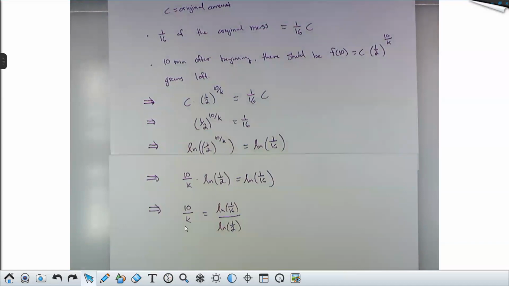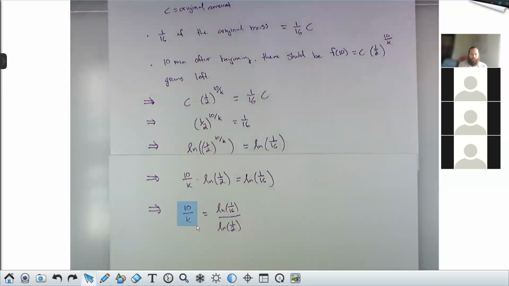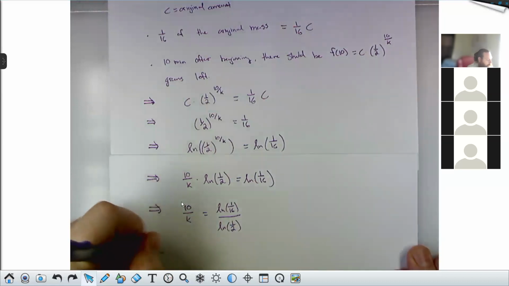Okay, what now? Put my k down here. When I look at this, what jumps out to me is that when solving for anything, solving for k in particular, we need it to be upstairs, right? We want it to be alone and upstairs. So how about I take reciprocals on both sides?